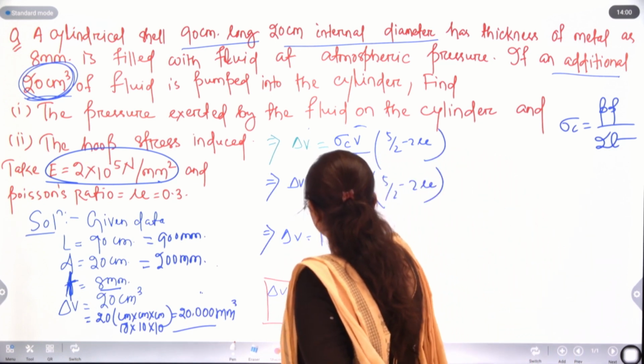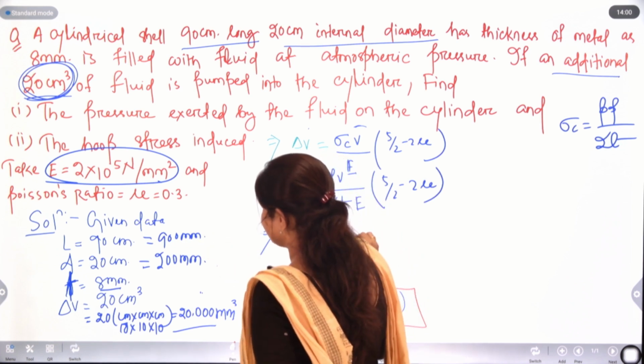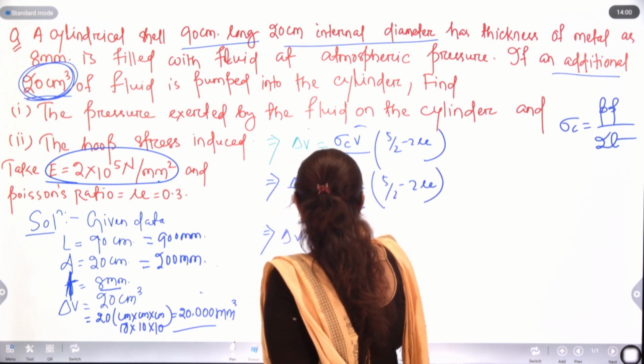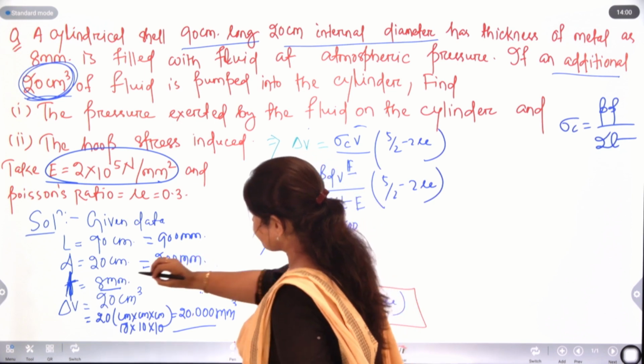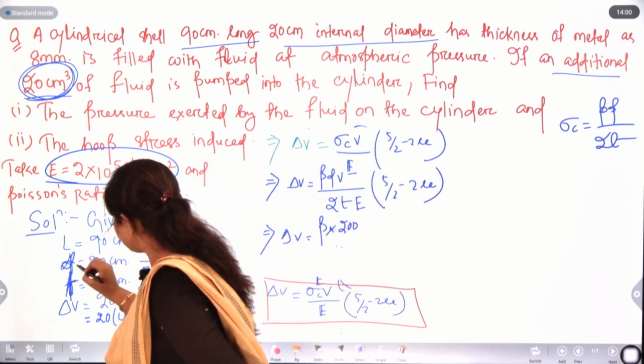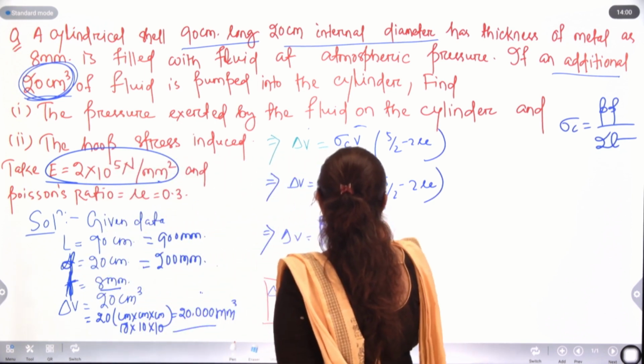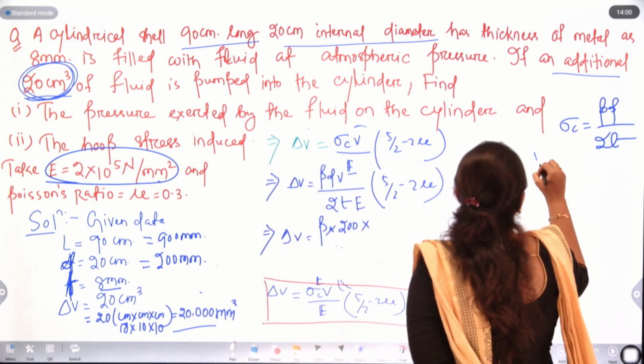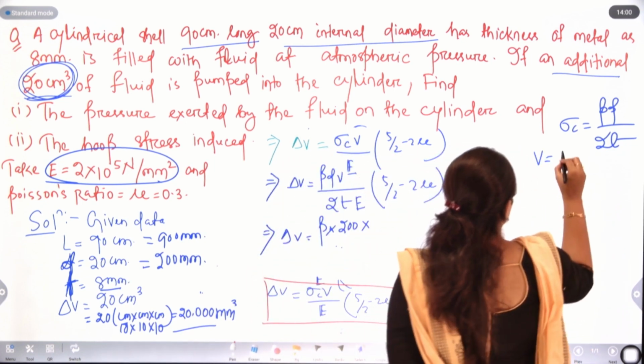Now what? D is 200 mm, right? Here D is 200 mm. We have not calculated our V value.